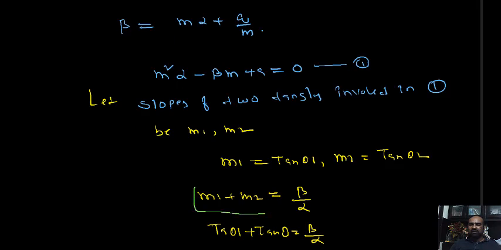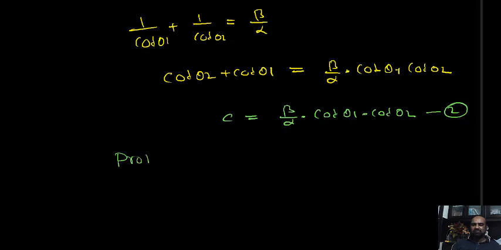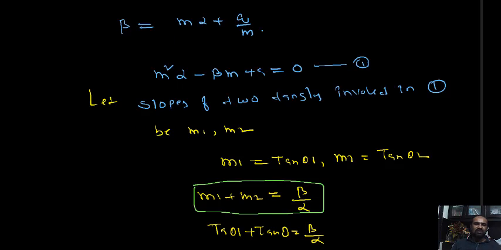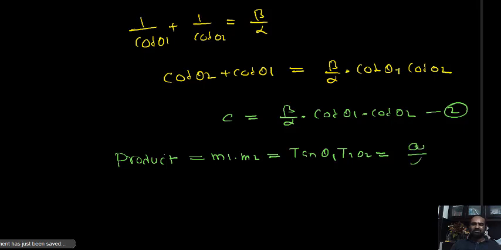This relation I got from the sum of the roots of the quadratic equation. Now I will write the product: m1 into m2 equals tan theta 1 into tan theta 2, which equals c by a, that is a by alpha. So cot theta 1 into cot theta 2 equals alpha by a.